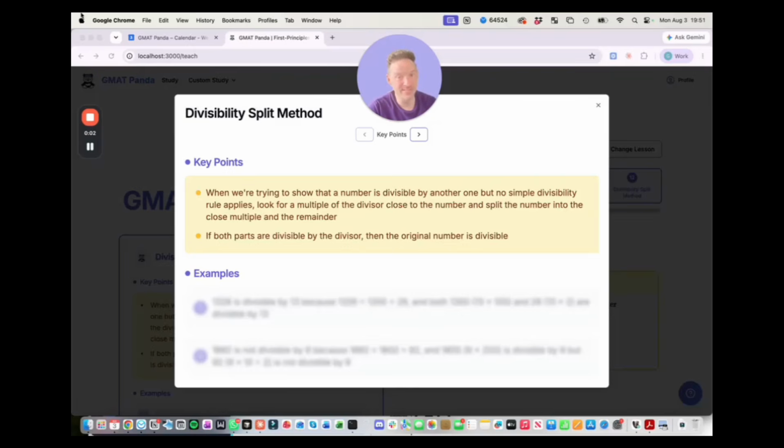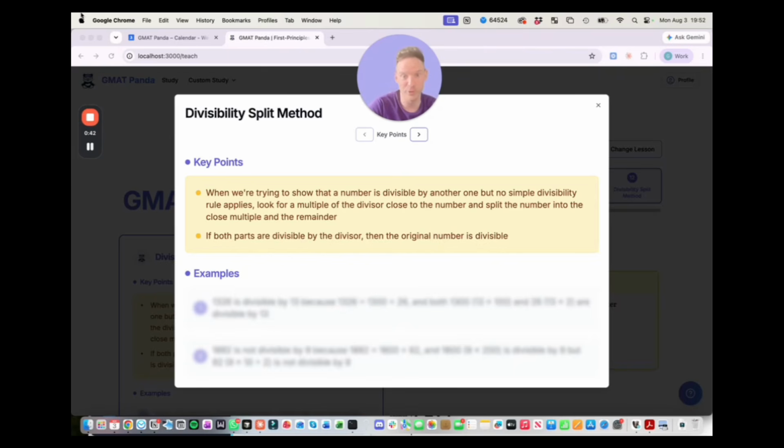So the divisibility split method is one of the most important tricks that you can learn in the test, particularly if you're targeting a high score. And what is it? Well, it's essentially the flip side of the addition or subtraction properties that we saw in a separate lesson of divisibility. Now, what does that mean? Well, when we're trying to show that a number is divisible by another one, but we can't find a simple trick to illustrate or demonstrate that.